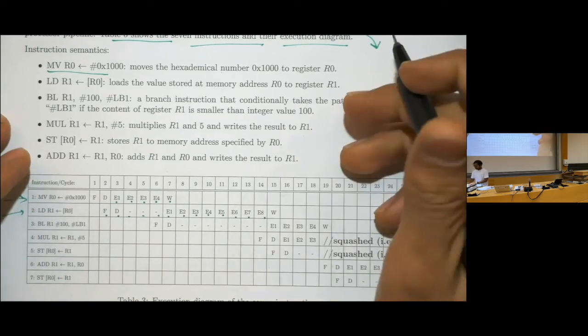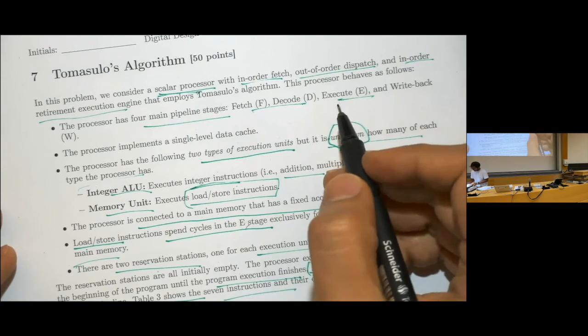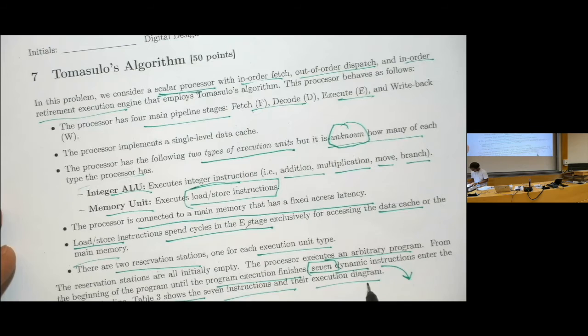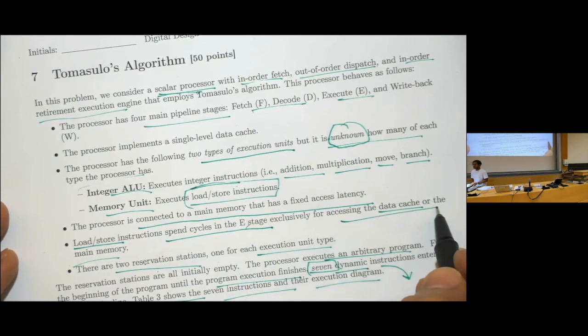This question gave us a very important data point. If you remember, it said clearly that load store instructions spend cycles in the E stage exclusively for accessing the data cache, okay?